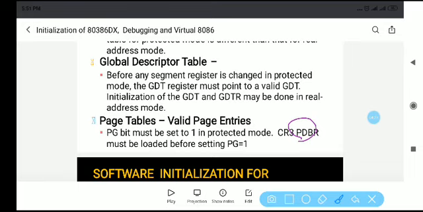The value present in CR3 must be loaded before setting the PG bit to 1. So first you have to set the PDBR value and then set the PG bit.